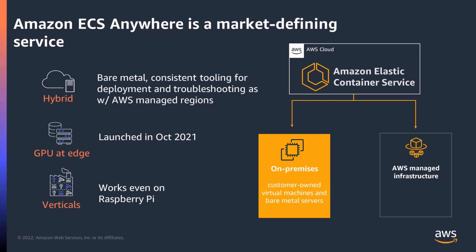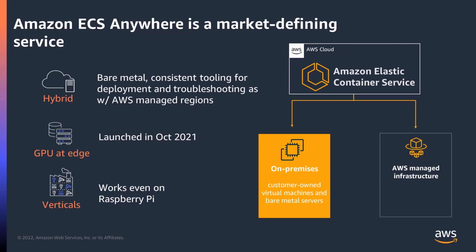ECS Anywhere simplifies and reduces the complexity for customers migrating container workloads to the cloud, as well as customers with applications that need to be running on-premises but will benefit from being centrally managed in the cloud. With ECS Anywhere, customers no longer need to operate separate local container management software such as Mesos or Kubernetes. And we also have been consistently launching new features. For example, in October 2021, we launched support for GPU workloads at the edge. And this is one use case that has seen early success, and we can cover a little bit more about it in our customer use cases.